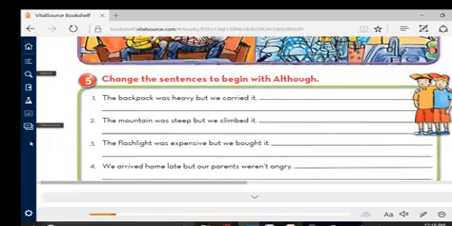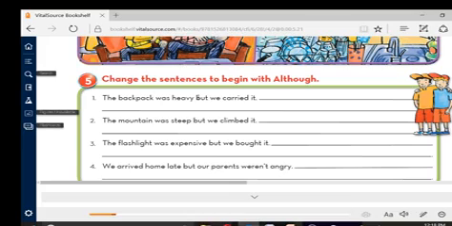Now, exercise number 5, change the sentences to begin with although. So we have here 4 sentences, okay? They all include contrast between 2 clauses. So we have to use although to connect between the 2 clauses, okay?